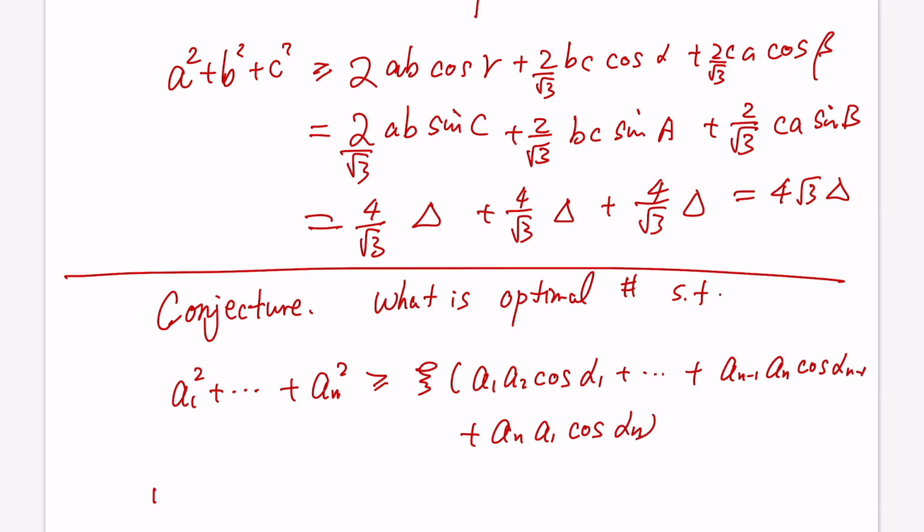We know that if n equals 3, then C is 2 over square root 3. But what are the others? So that's the question. Thank you very much.